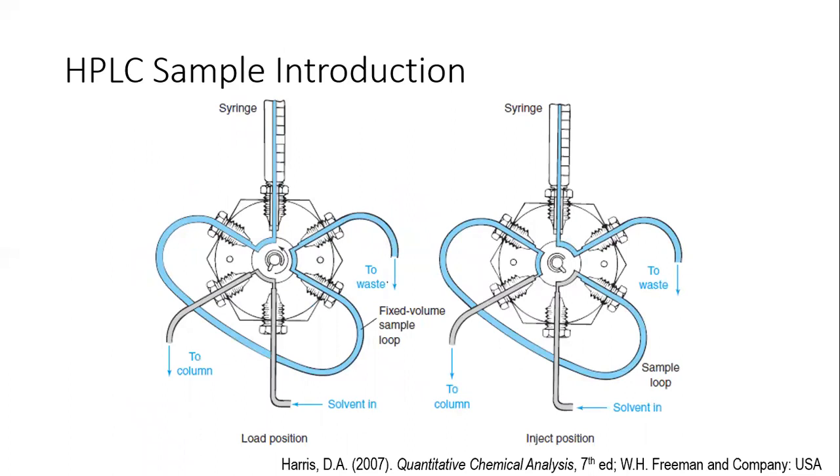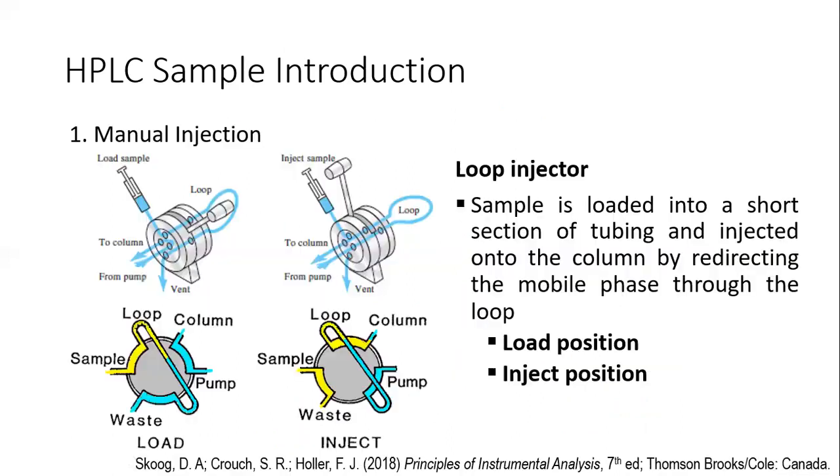So the first thing that you do when you inject your sample is to place it into the load position. So usually ito yung right. So may parang knob yun, ganito siya. So may knob yung loop injector nyo. So you place it on the load position. So nasa right. Okay.